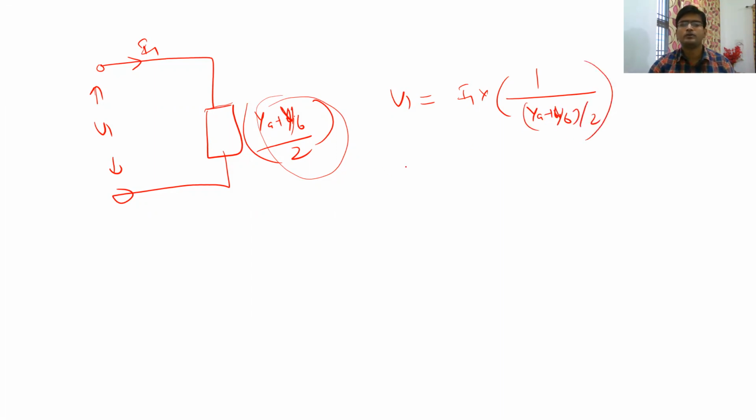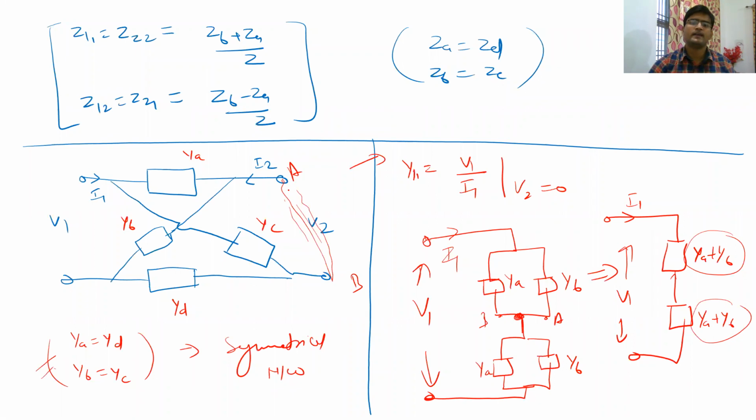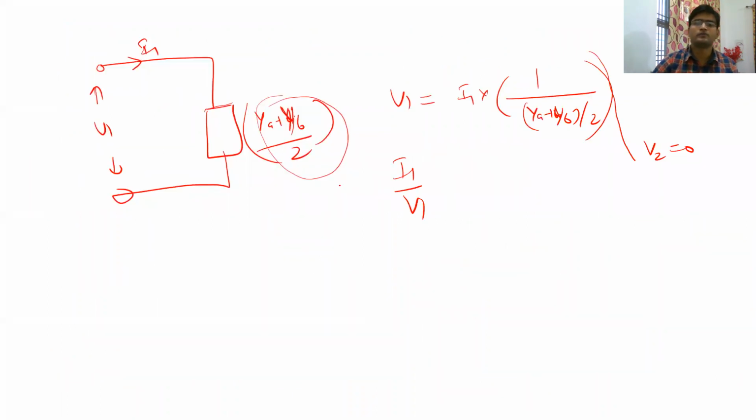So what will be the value of I1 upon V1? And remember, this whole thing is calculated when V2 is equal to 0, right? We have initially assumed A and B as short circuited, so V2 was 0. So what will be the value of I1 upon V1?